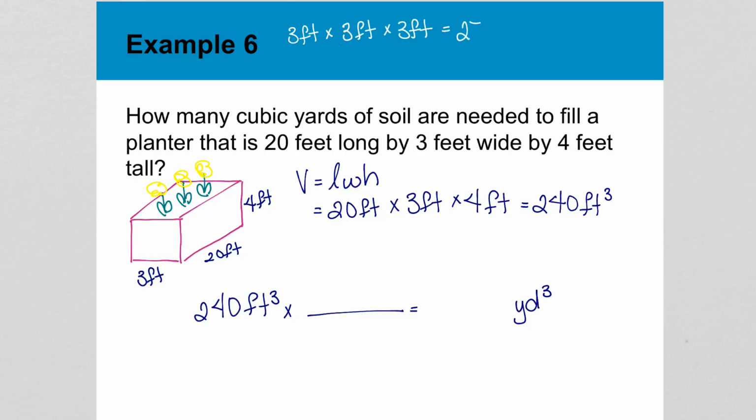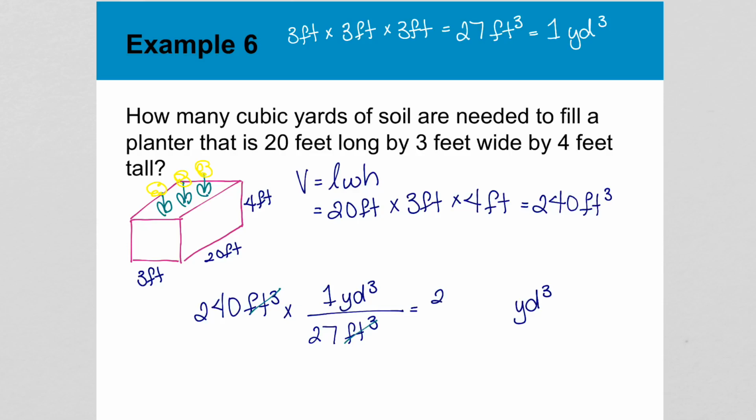That's 3 times 3 times 3 is 27 feet cubed. That is equal to 1 yard cubed. So for our conversion factor, we'll put 27 cubic feet on the bottom and 1 cubic yard on the top. That allows our cubed feet to go away.